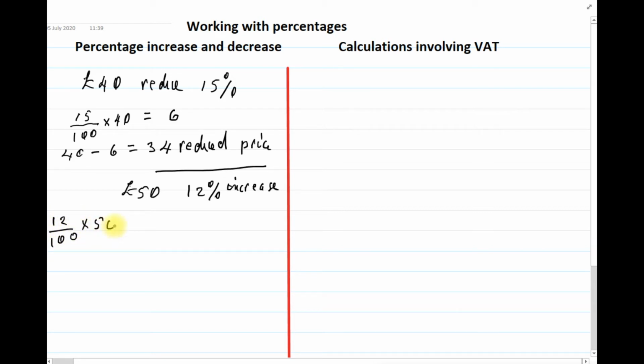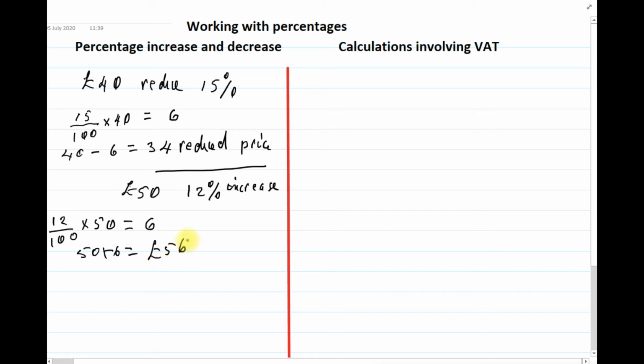This is also 6. This is pure coincidence. So I add the 6, 50 plus 6. So 56 would be the increased price, i.e. 50 increased by 12% becomes 56.